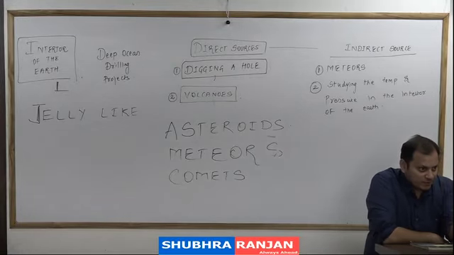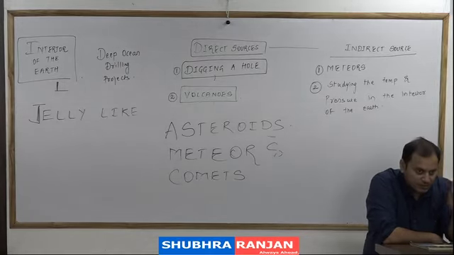It is not in the liquid form. In what form is it? It is in a jelly-like manner, not in the liquid manner. So we'll continue the rest of the sources tomorrow.